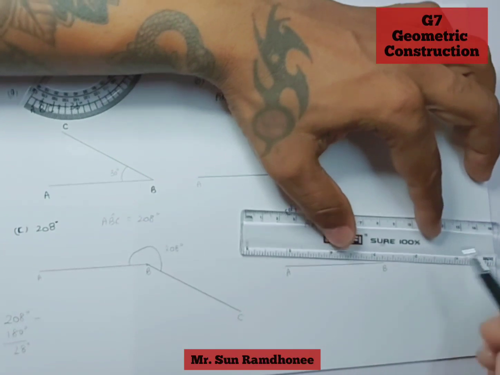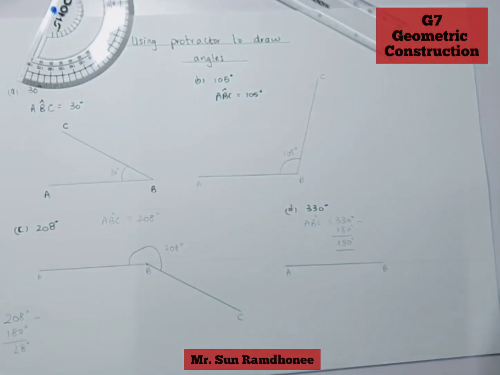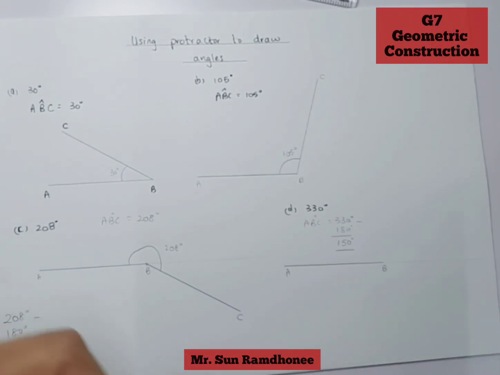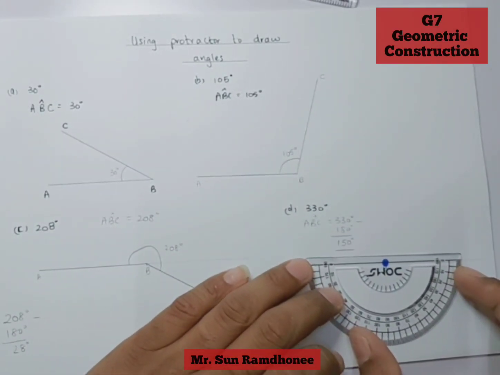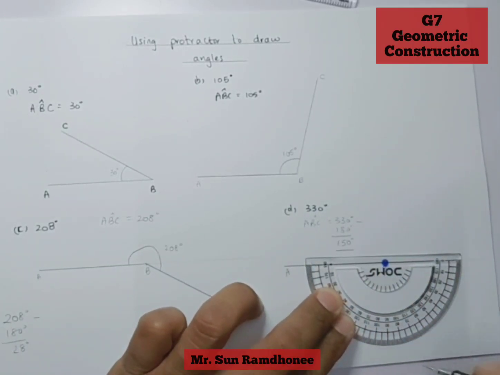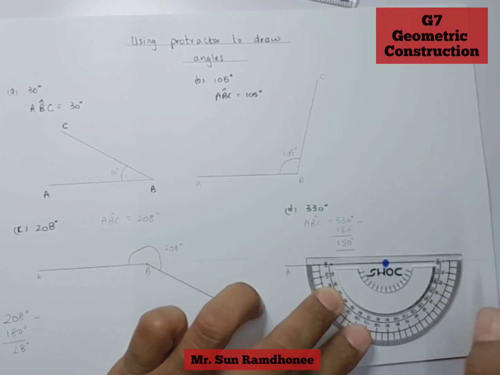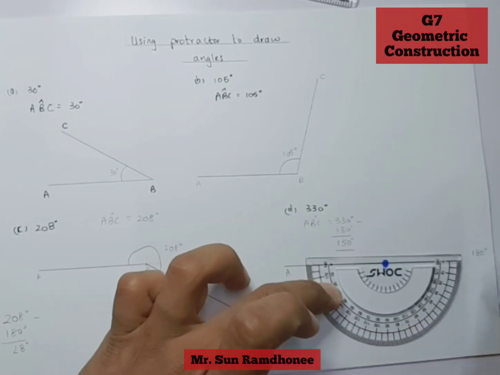You can also draw the other part of the imaginary line if you wish, and then we're going to place our protractor like this. Since we are measuring in the clockwise direction, we already have 180 at the top. We have to measure 150 like this.